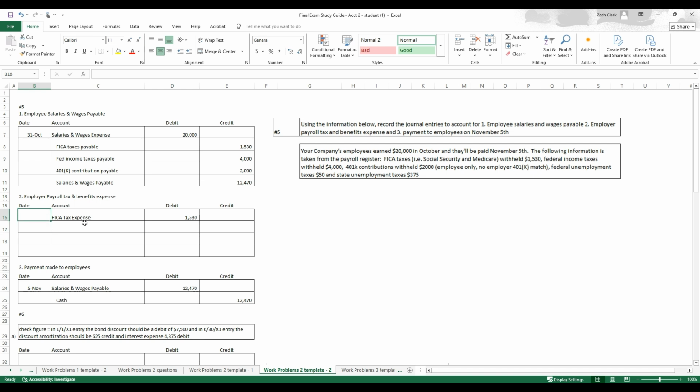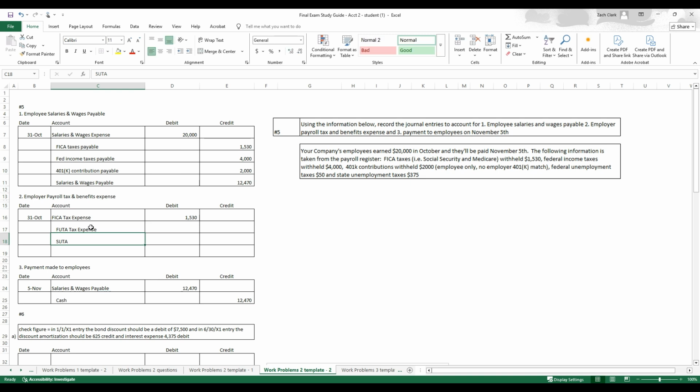Okay, let's finish out the employer side. So the employer incurs some taxes they have to pay just for having employees, basically. And then there's unemployment taxes, FUTA, federal unemployment, and SUTA, state unemployment. And we're going to say tax expense.